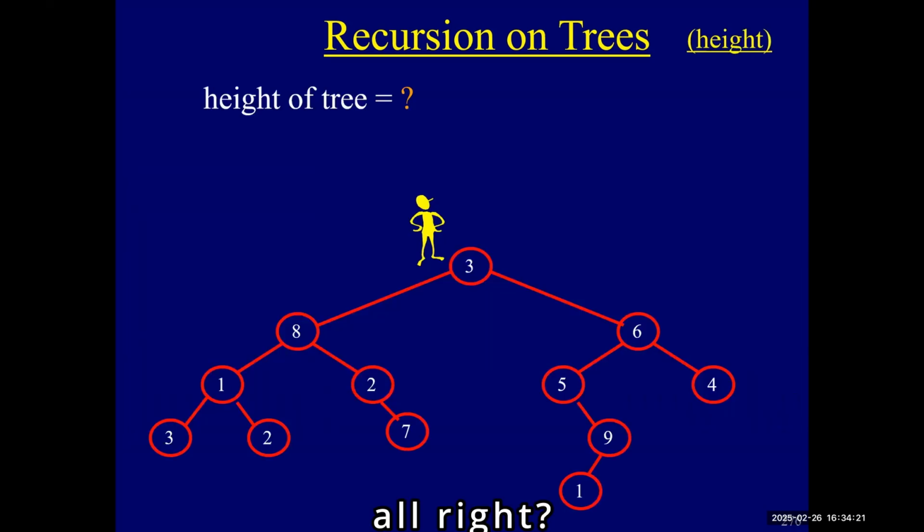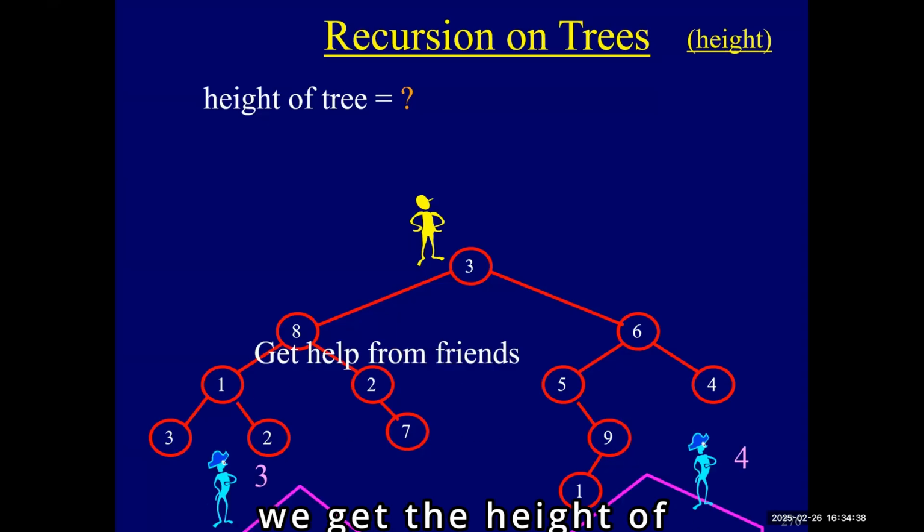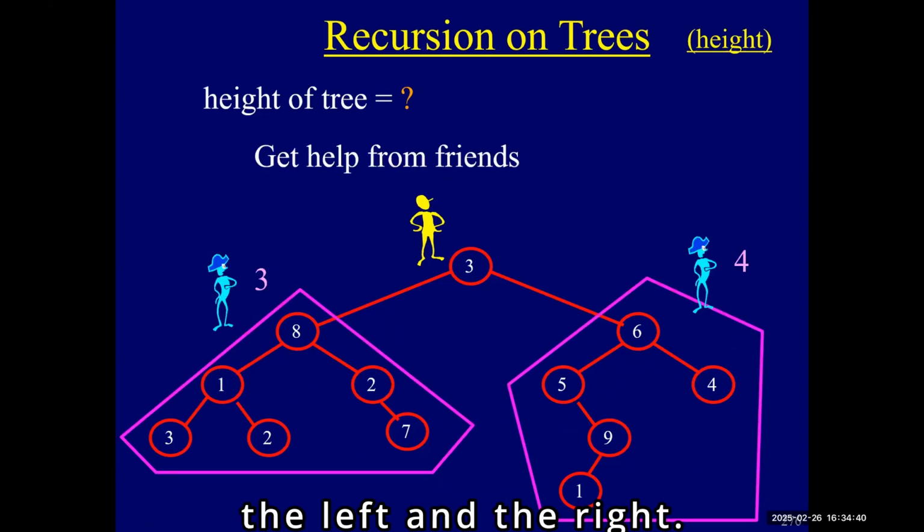All right, so here, height of the tree. It's kind of like depth. The difference is we're given the root. So we get the height of the left and the right. Anybody want to tell me what the height of the whole tree is?